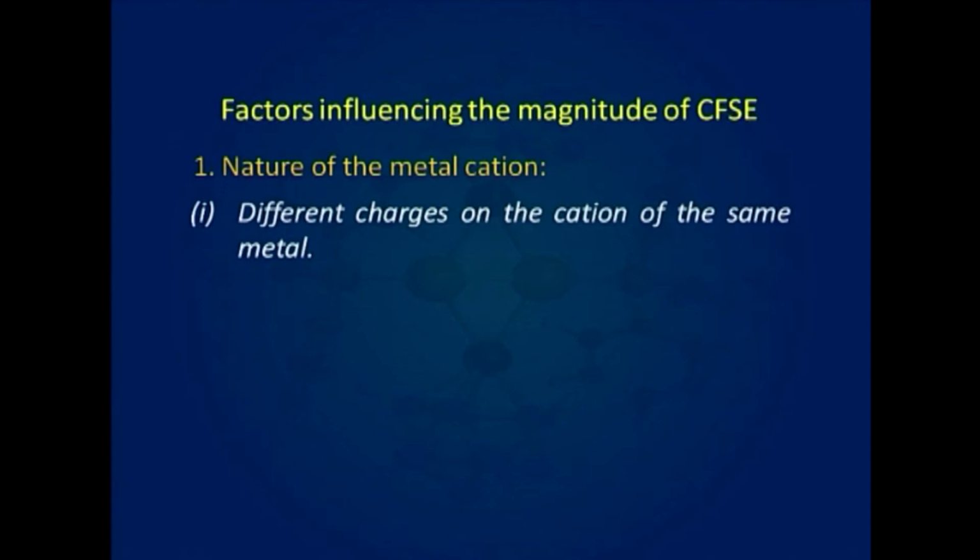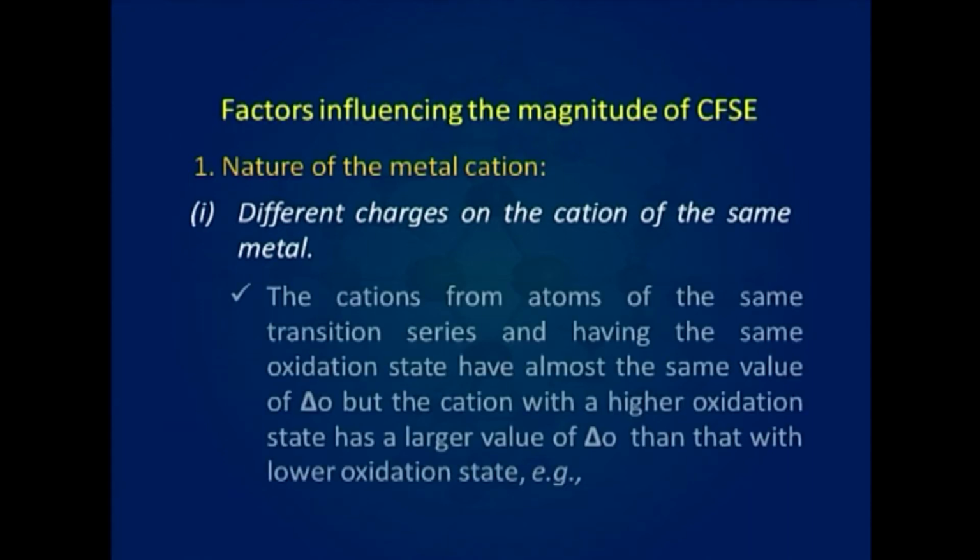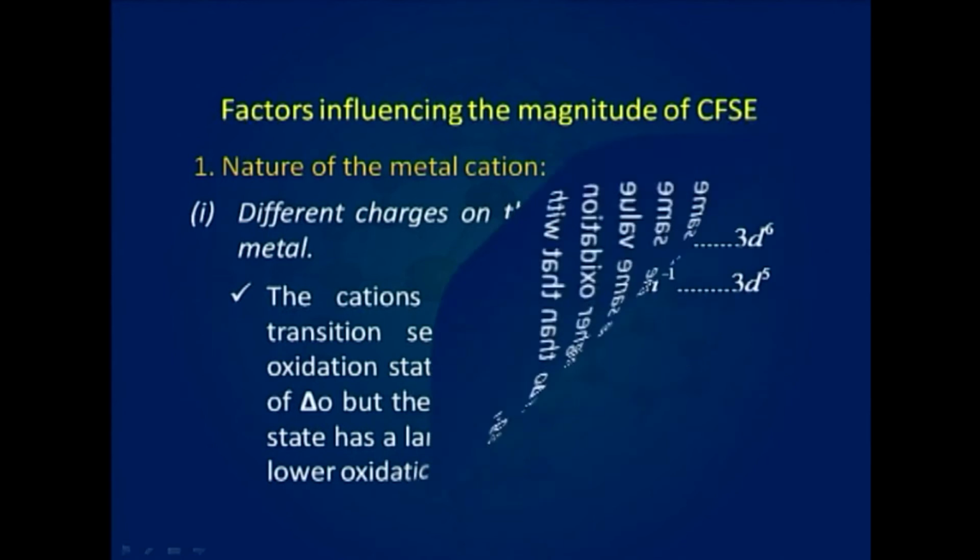If we take different charges on the cation of the same metal, then the cations from atoms of the same transition series and having the same oxidation state have almost the same value of delta O, but the cation with a higher oxidation state has a larger value of delta O than that with lower oxidation state.